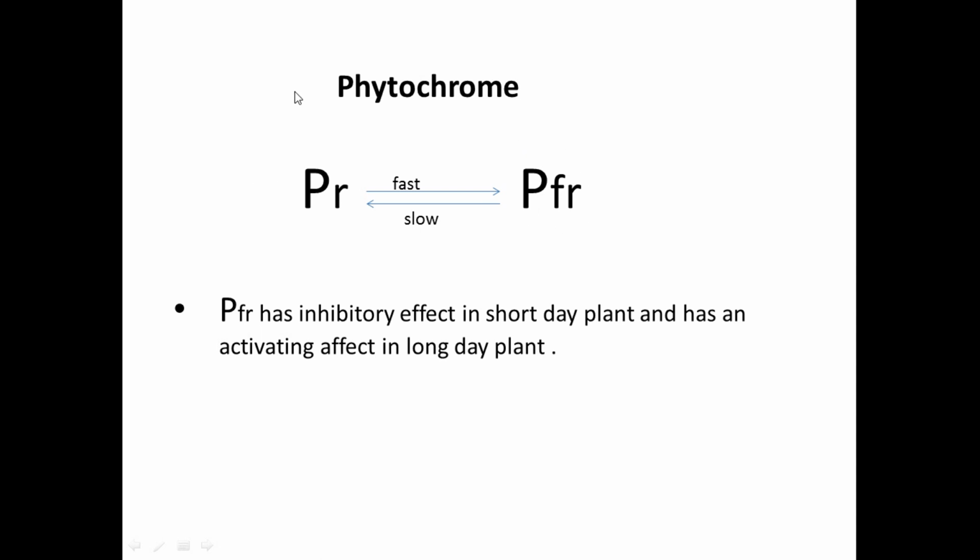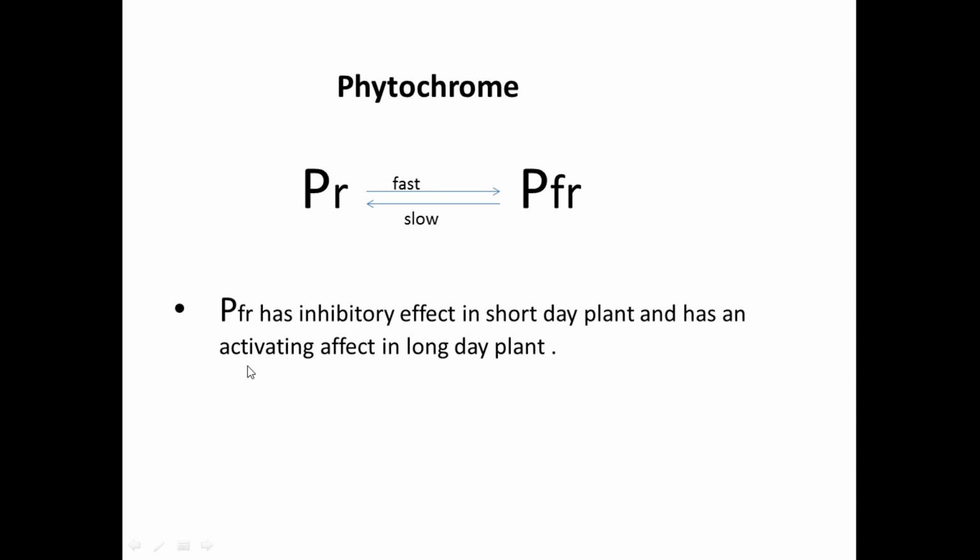So when exposed to sunlight, PR gets converted into PFR, and this conversion is fast. However, during night time, the PFR gets converted into PR, and this is a slow process. This decay of PFR is slow, and PFR has different modes of action in different plants.